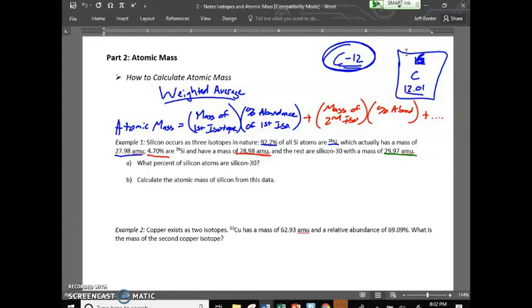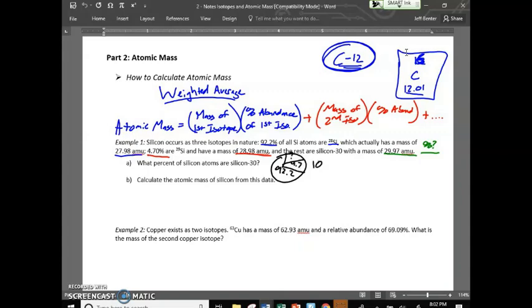If you notice there, we're missing its percentage right there. Okay. So 3 isotopes, we know the mass of all 3, we know the percentage of 2. So first thing, how do we figure out the percent of the other one? Well, of course, percents. Think of a pie chart. You got 3 different slices of pie. We know one of them is 92.2. We know one is 4.7, so what's the mystery slice?